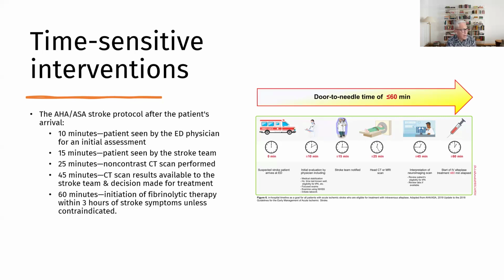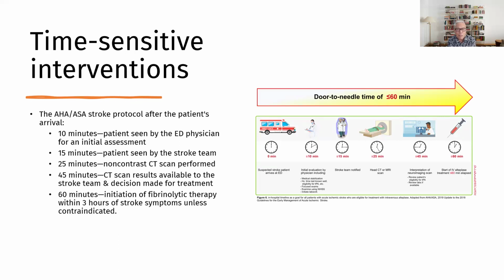This is the time from which all emergency interventions will start. The American Heart Association and the American Stroke Association developed the 60-minute or less stroke protocol that all healthcare facilities should follow. In the first 10 minutes, the patient should be seen right away by the emergency room physician for an initial assessment.